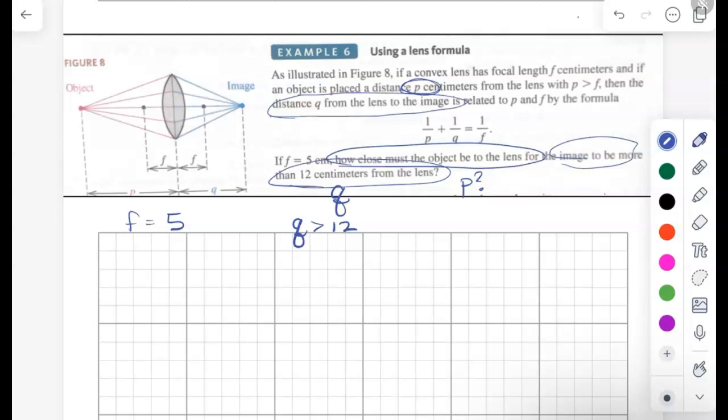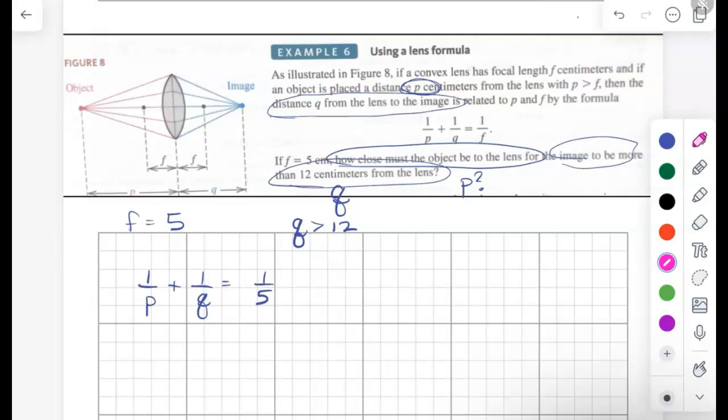So what we're going to do is fill in what we know. First thing I'm going to do is fill in 5 for f. So I've got 1 over p plus 1 over q is equal to 1 over 5. I don't want all these fractions, so I'm going to get a least common denominator here.